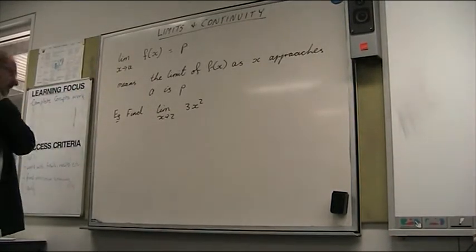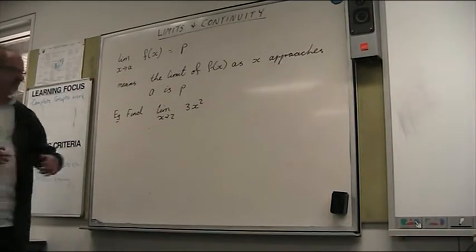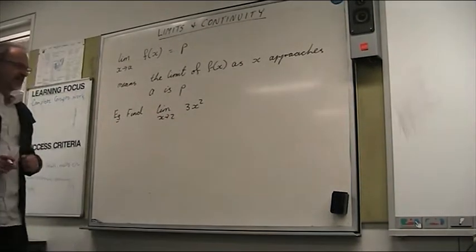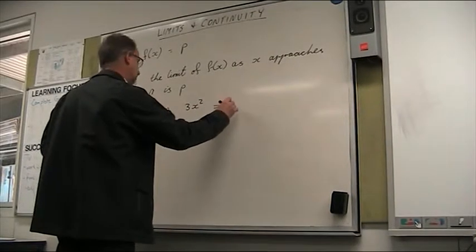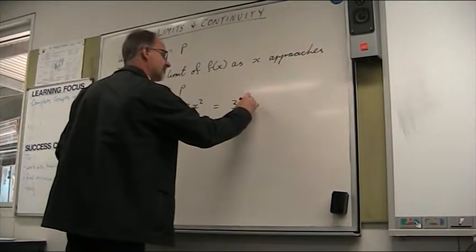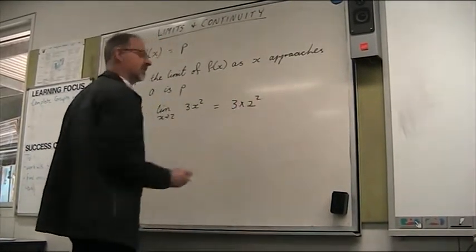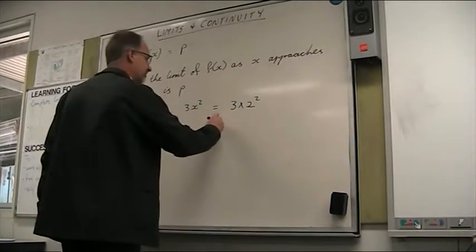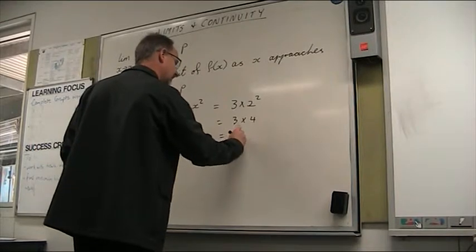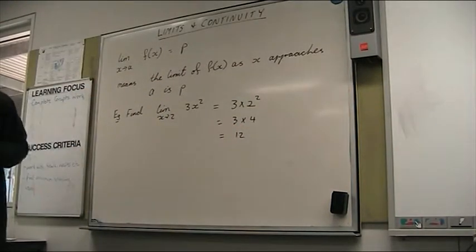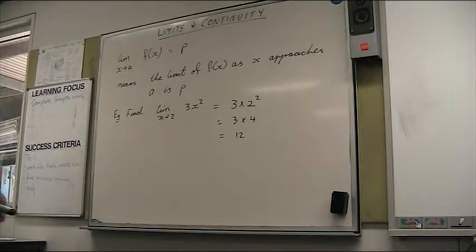Simply a matter of substituting the 2 in there: 3 times 2 squared, which is 3 times 4, and the limit then would be 12. But as we know, things are not always that simple.